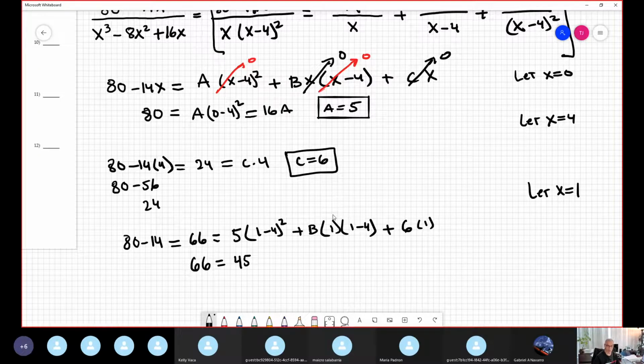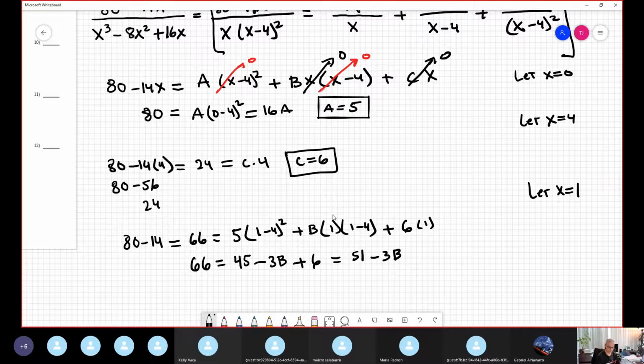Entonces we have here minus 3b because 1 minus 4 is negative 3. Times 1 is invisible, plus 6. Okay. 45 and 6 together is 51. 51 minus 3b.